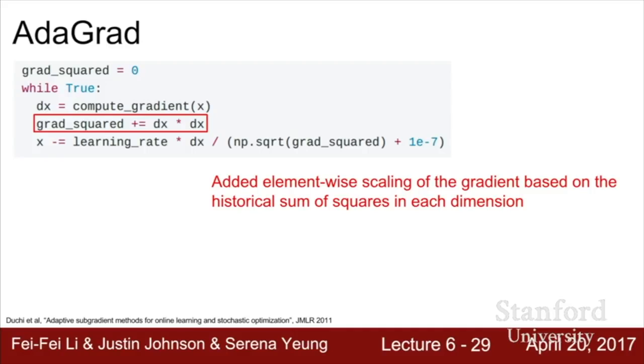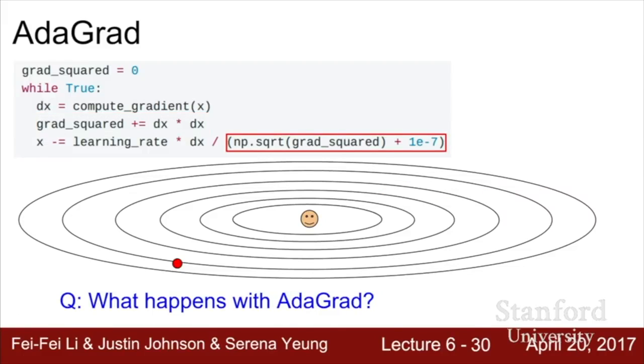So now, rather than having a velocity term, we have this grad squared term. During training, we just keep adding the squared gradients to it. Now, when we update our parameter vector, we divide by this grad squared term when we make our update step. And the question is, what does this kind of scaling do in this situation where we have a very high condition number?